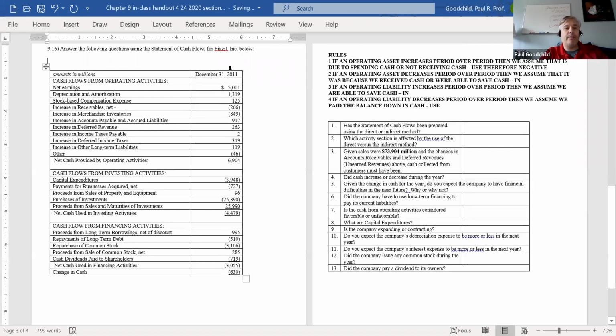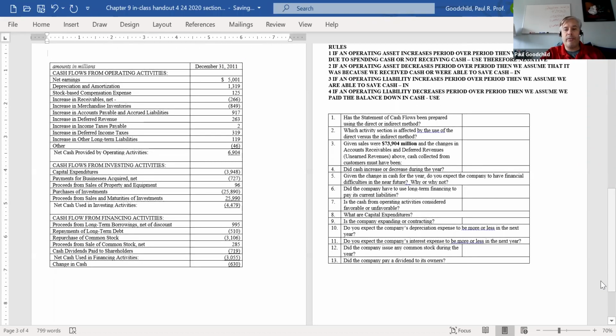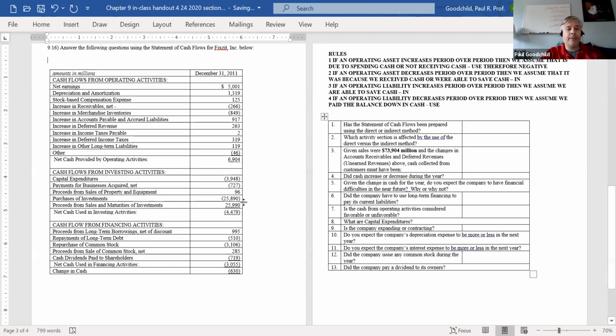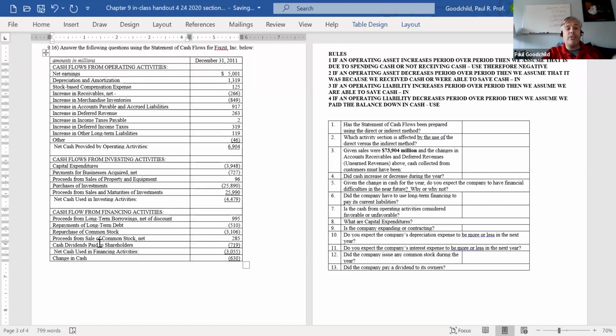So we're looking at a typical cash flow statement here on the left. And there are some questions on the right. Now I've typed in sort of the basic rules. When you're doing an indirect cash flow, or thinking about how changes in operating assets and operating liabilities affect cash, we make assumptions about how they work.